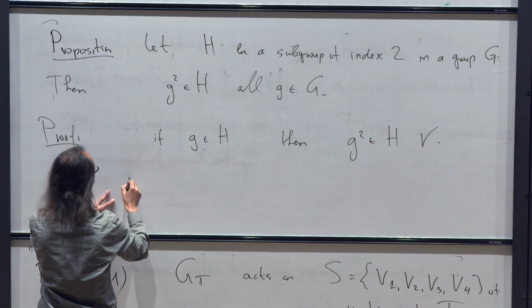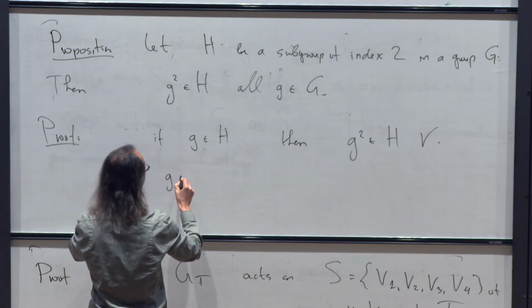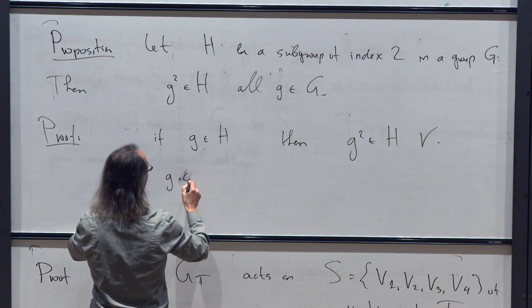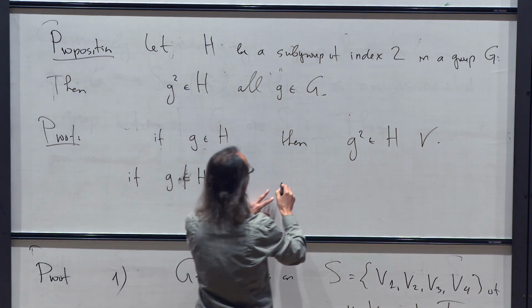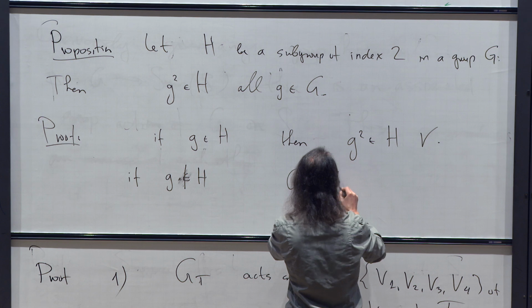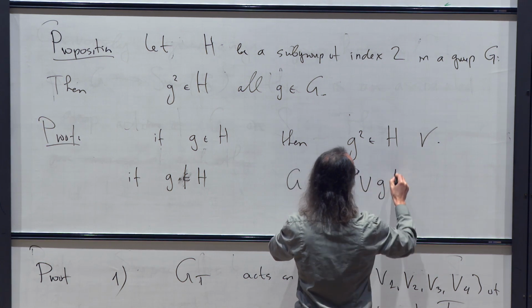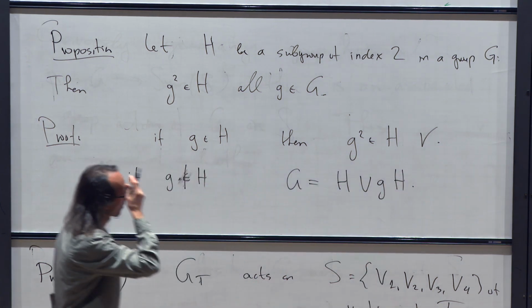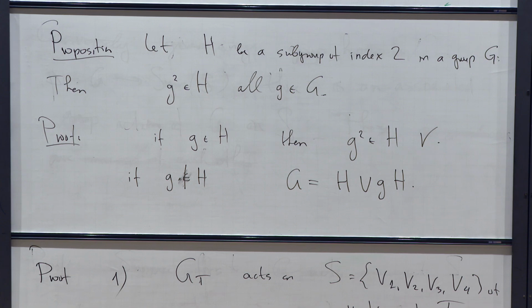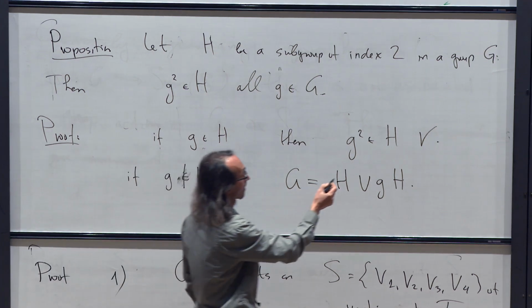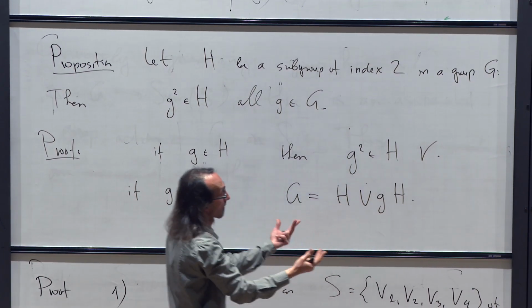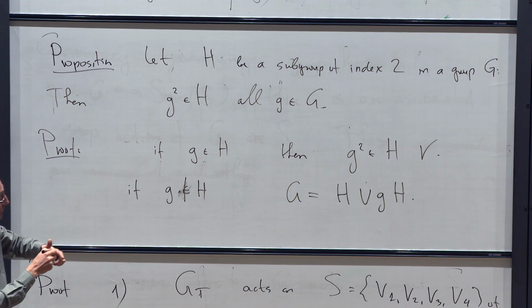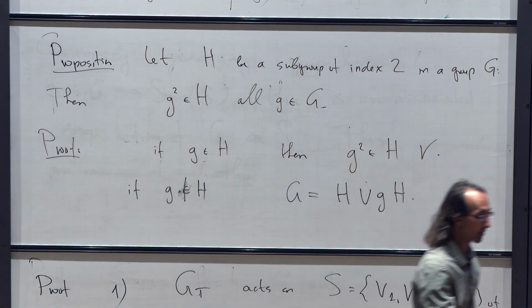And if g is not in H, then we have the decomposition into cosets. G is equal to the disjoint union of H and gH as cosets, because the index is 2. That's what it means, that there are just two cosets.